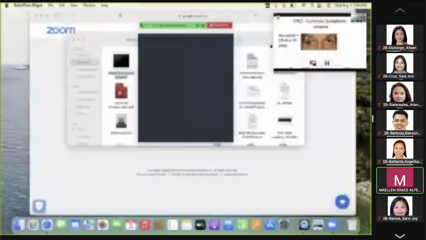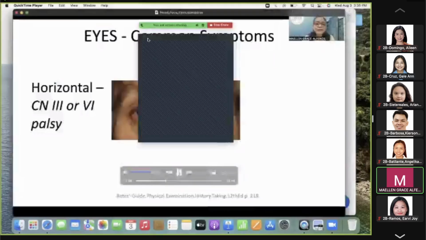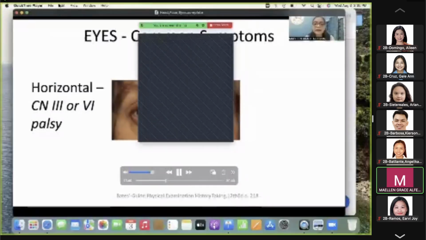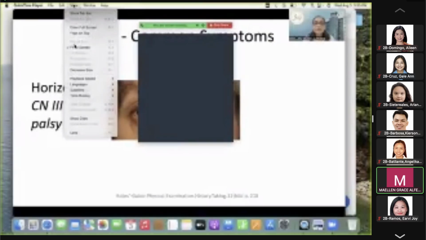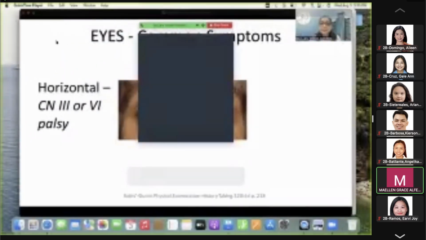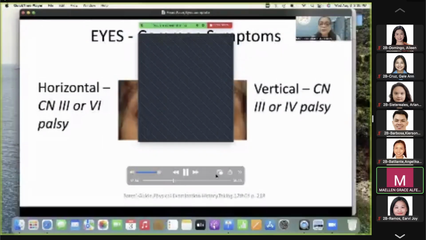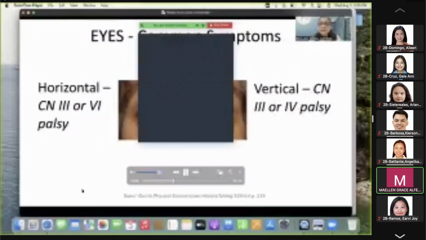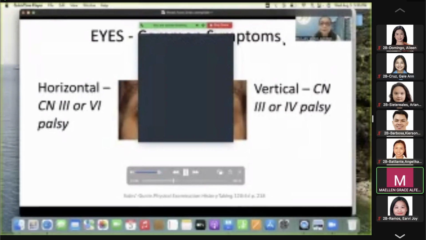Okay, so this is a cranial nerve 3 defect because the eye is being pulled laterally, so the lateral rectus predominates, which is innervated by your cranial nerve 6. Okay, so abducens. You can also have a vertical problem in diplopia, and this one, you see that the eye is deviated upward.